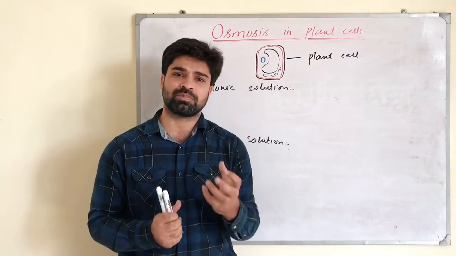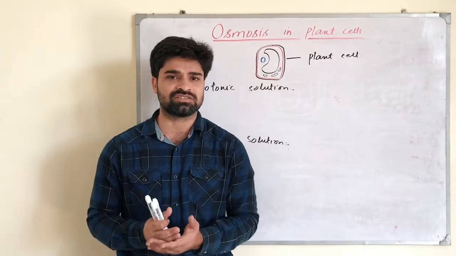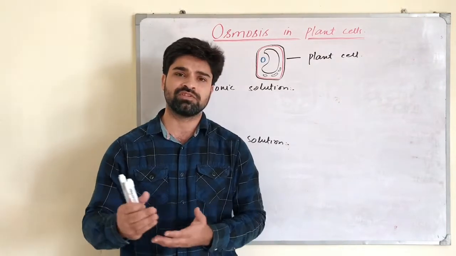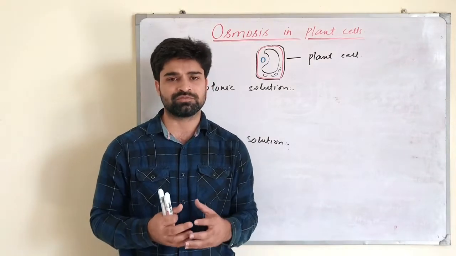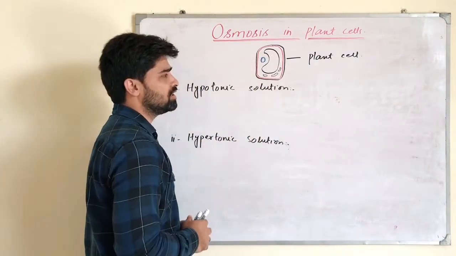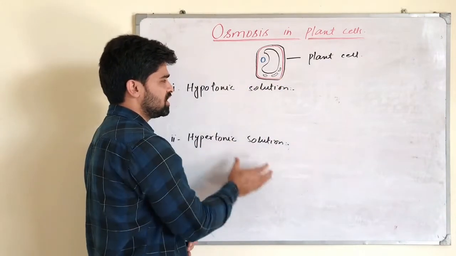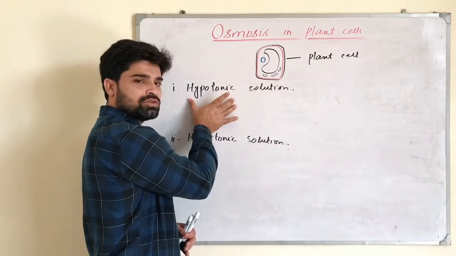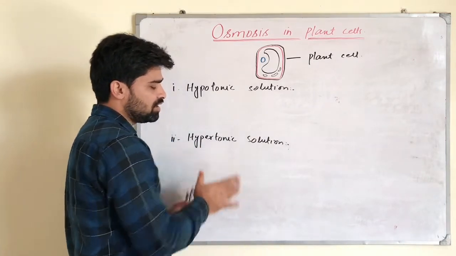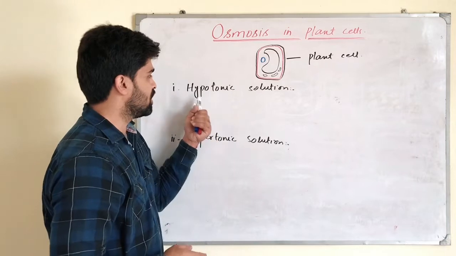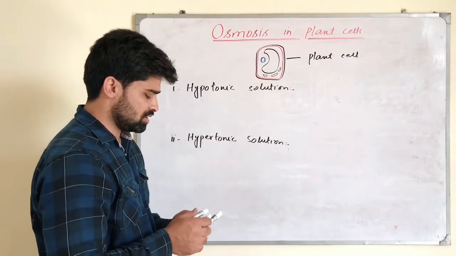That means plant cells, if placed in solutions with very different water potentials, can survive to some extent. Let's see what will happen to the plant cell if we put it into a hypotonic solution, and later on we will put it in a hypertonic solution. So let's begin with that.